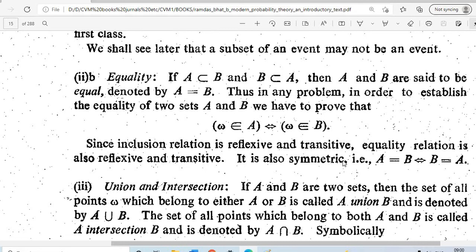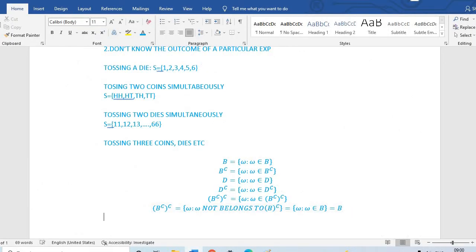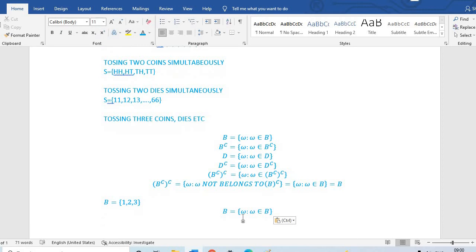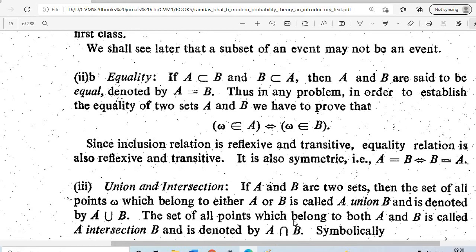Equal means the elements of both are the same. For example, let us consider another set A. Actually, A is a subset of B, because all elements in A are in B. B is also a subset of A. So the elements in both sets are the same.